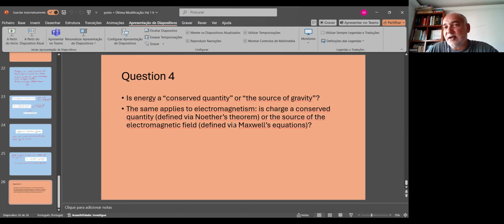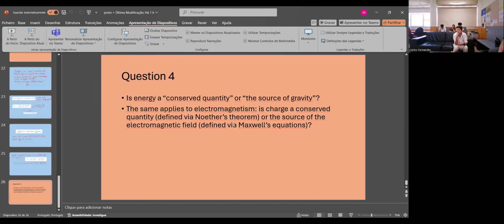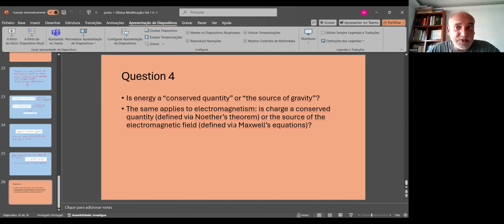The left-hand side contains derivatives of the metric. The right-hand side does not contain derivatives of the metric. Yes. I believe that's more or less what happens in Maxwell's equations. So I believe it's probably possible to build a theory such that you can separate the left and right-hand side, and the right-hand side you would interpret as a current.